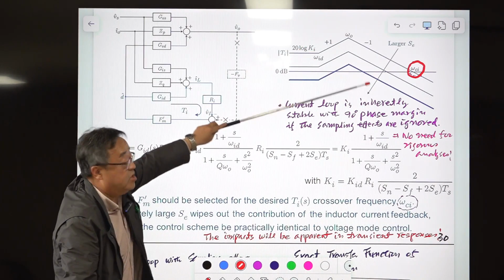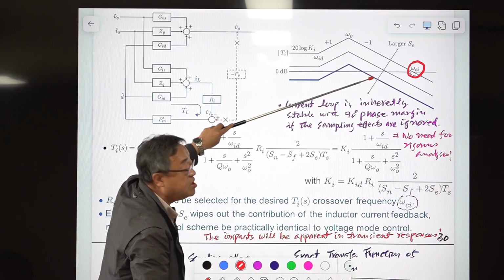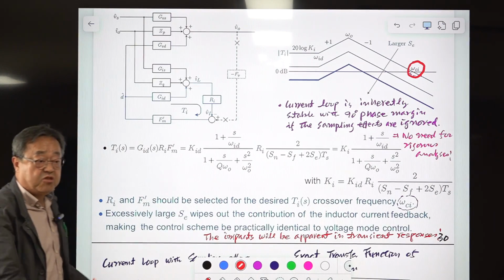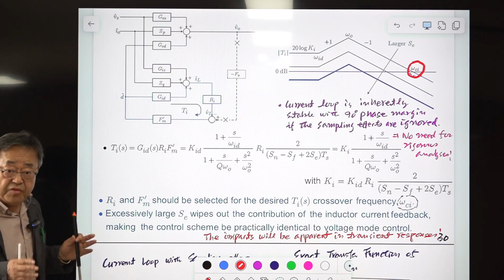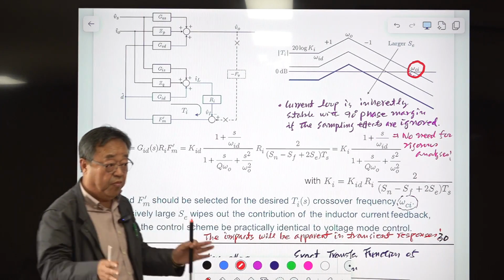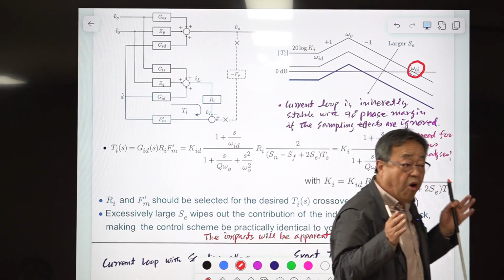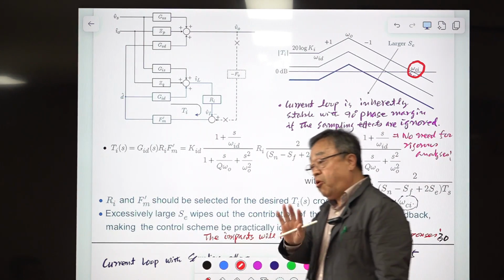If this crossover frequency is way below this, that means the current loop gain is too small, and the converter is almost the same as voltage mode control. You confirm that from the frequency domain performance of the converter: loop gain plot, output impedance plot, audio susceptibility plot, and the transient response, step load transient response and step input transient response will be different from the case of current mode control.